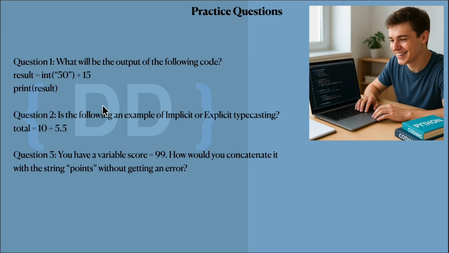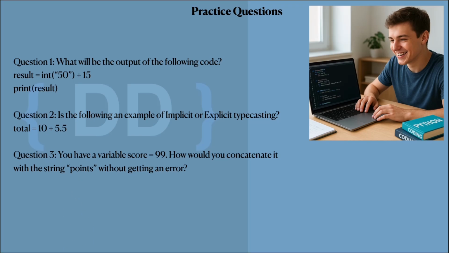Now question number 2: when we add 10 and 5.5, is Python doing implicit or explicit typecasting? Remember, you are not writing conversion code. It's all automatic. So that is implicit.